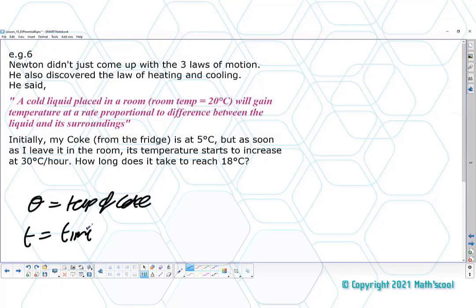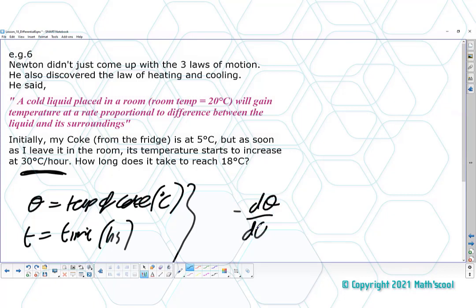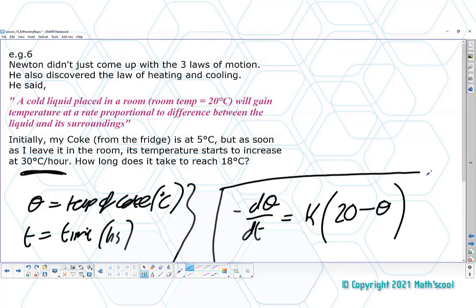It's going to be in hours because I can see from these units, and that's going to be degrees C. And we said minus d theta by dt was equal to K times room temperature 20 minus theta. That was our differential equation that we formed.